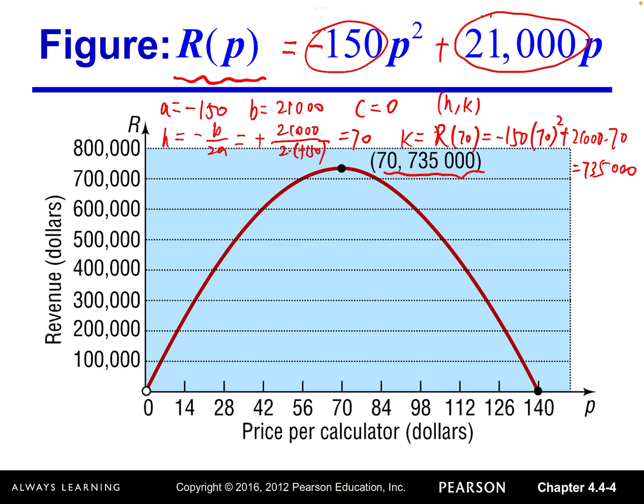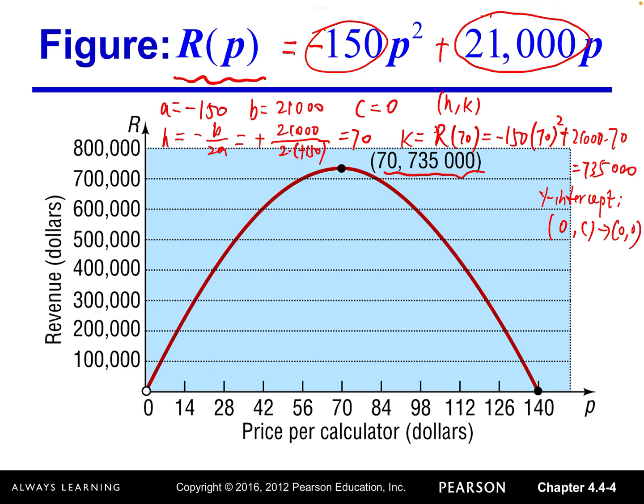All right, and then in order to graph this quadratic function, we need to find the x and y intercepts, right? The y-intercept is very easy to find, which is (0, c), where c equals 0, so that's (0, 0).